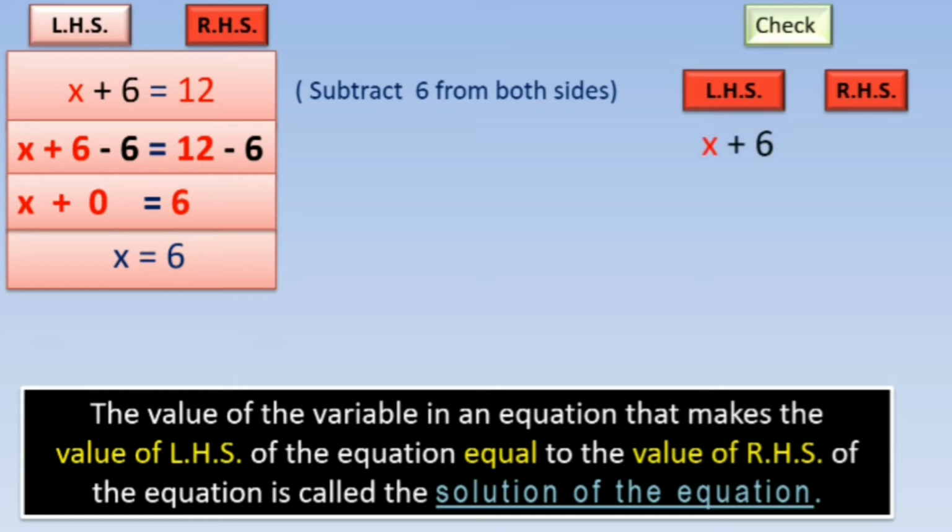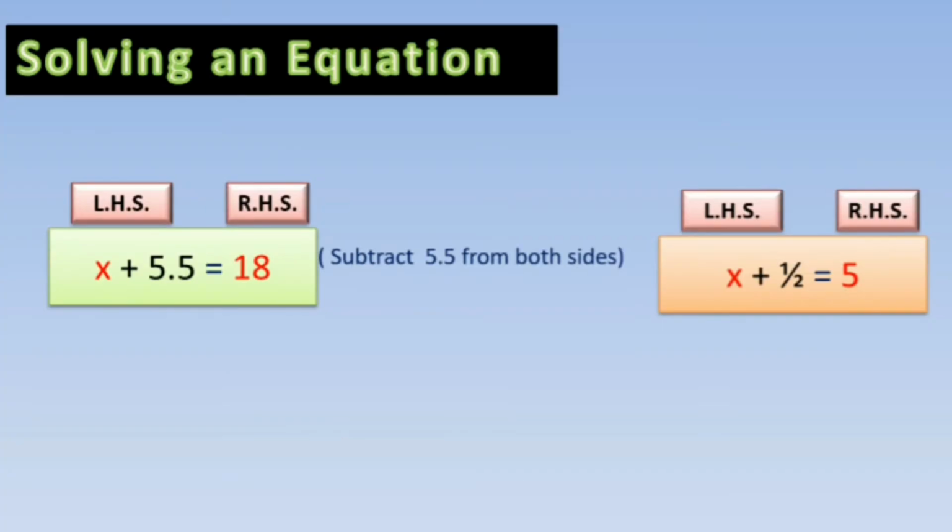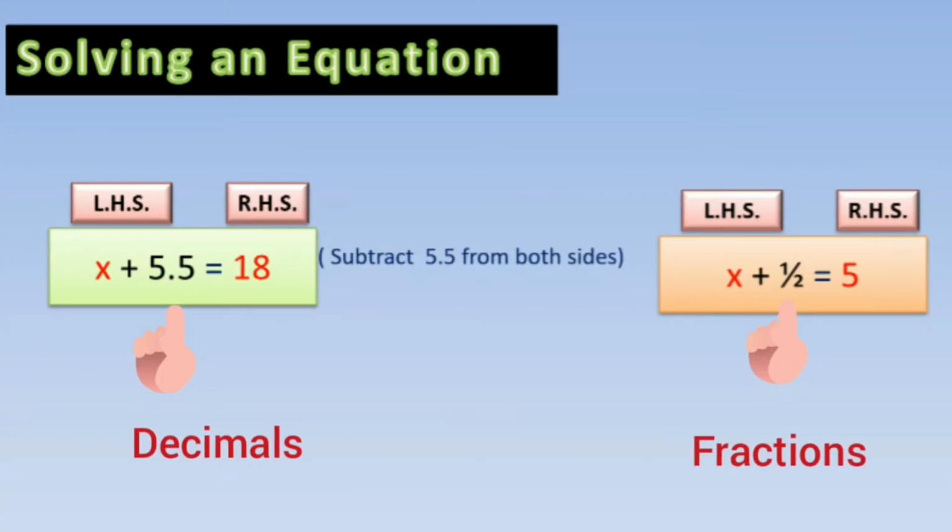Check. We will put the value of the variable in our original equation. Replace the x value on the left hand side of the equation. 6 plus 6 is 12. So the left hand side is equal to 12 and the right hand side is also equal to 12. So this is a true equation. This works the same even if the numbers in the equations are decimals or fractions.